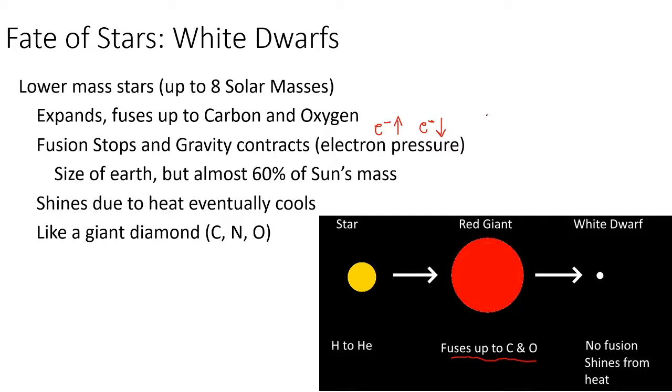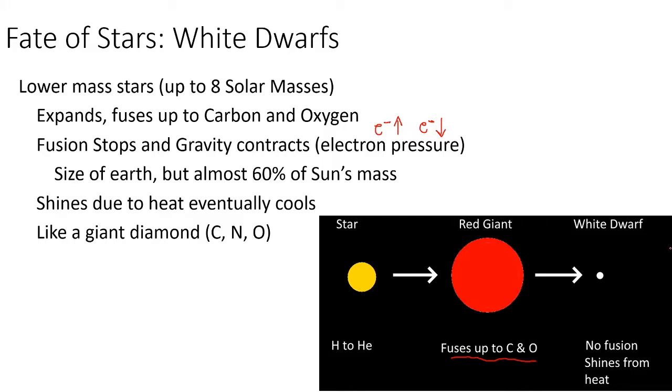So really, at a certain point, you can only contract matter so far, and the electrons will keep it from contracting any farther. So what will happen is, after it's a red giant, it'll shrink down, and it's about the size of the Earth, but it has 60% of the sun's mass. It's quite dense. That's a white dwarf.